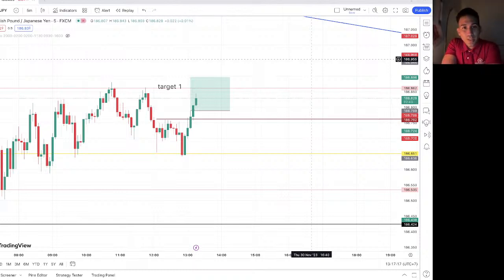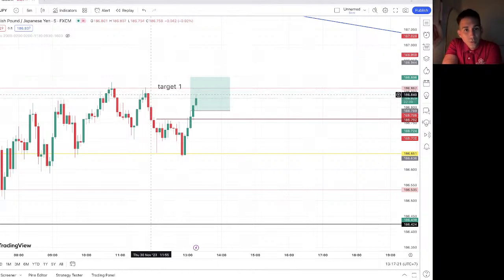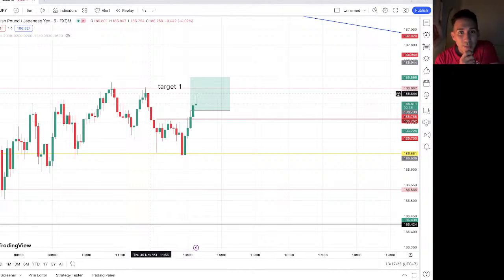If we look at the price action strategies, it already filled the gap that we had, so it might reverse at this point, but man, come on, give it a push.